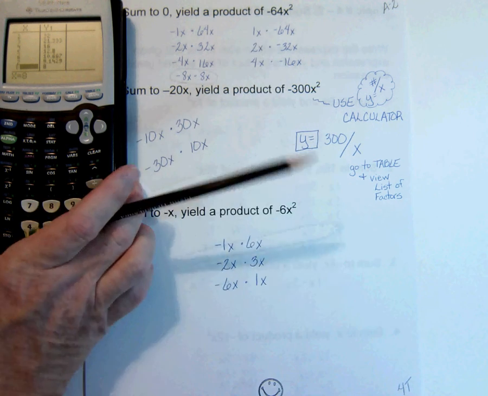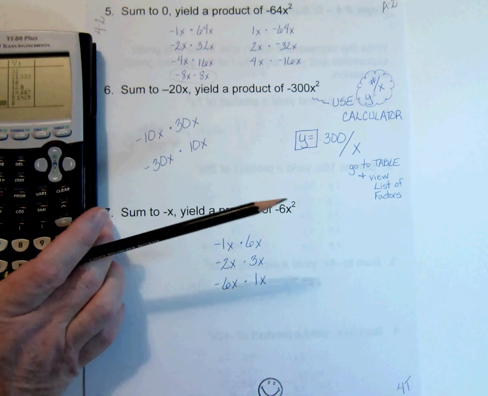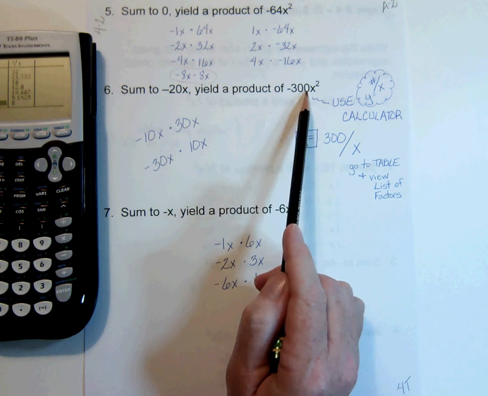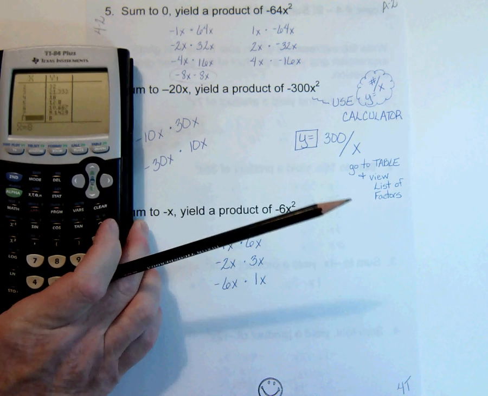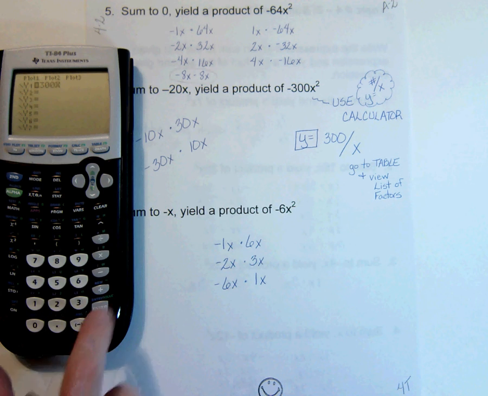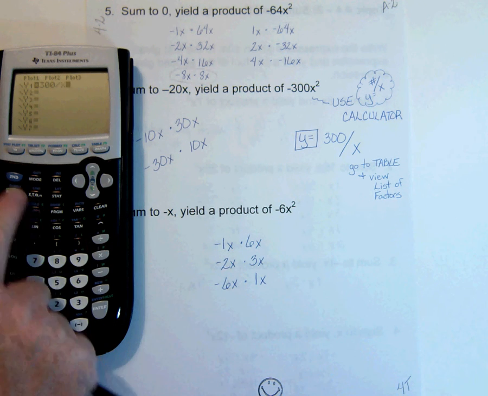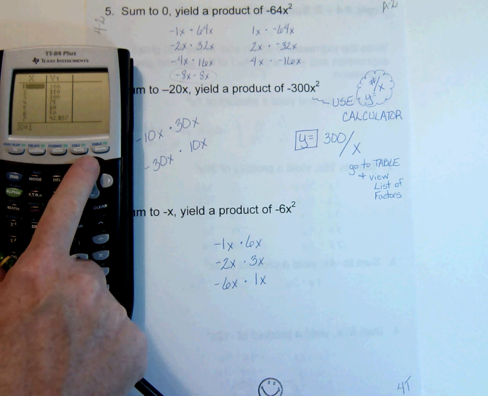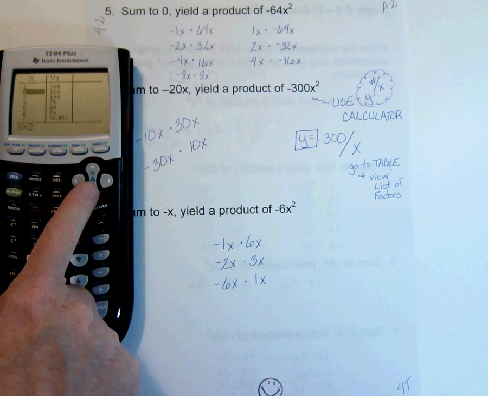I didn't list all of the ones for this one, but for the product of 300, you're going to find a long list of factors when you put it in y equals: 300 divided by x, go to second graph, and get your table. You're going to have quite a few: 2 and 150, 3 and 100, 4 and 75, and so on.